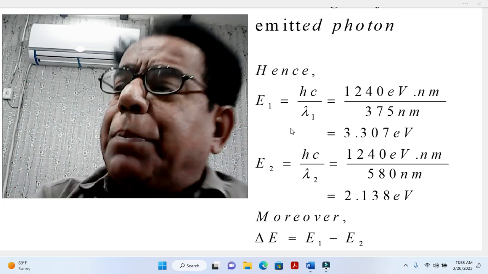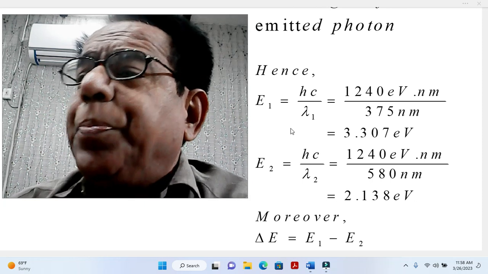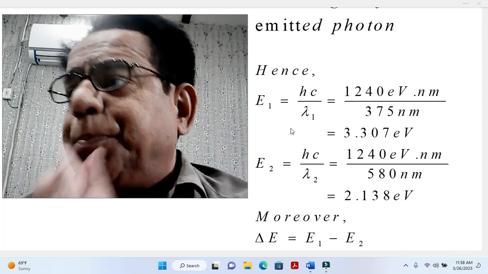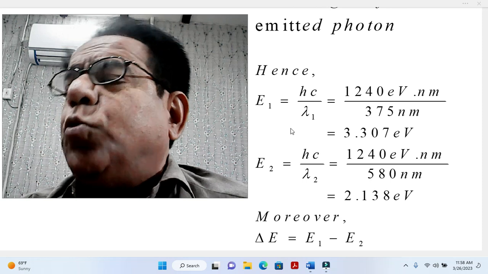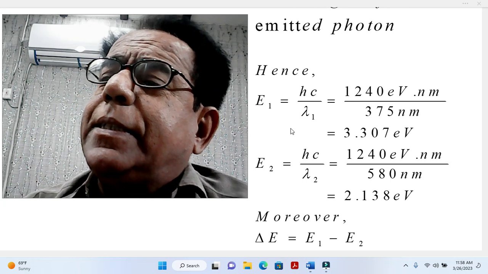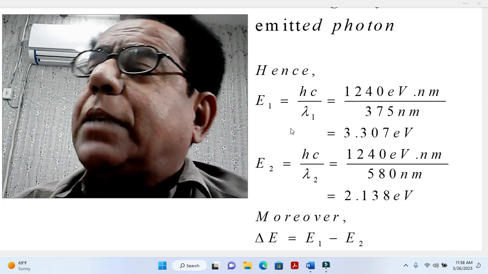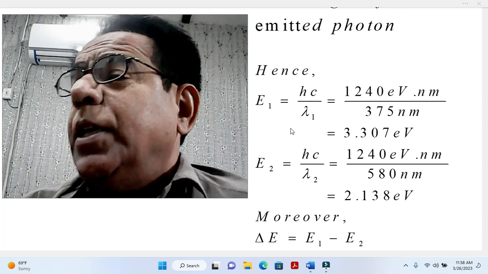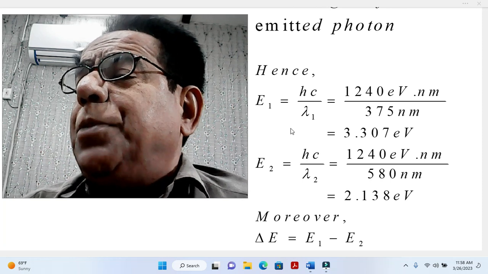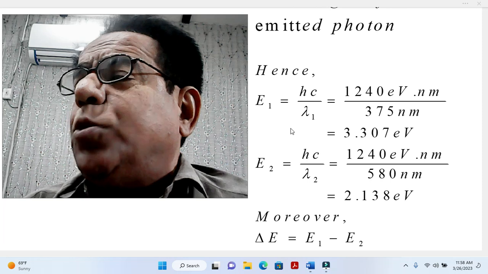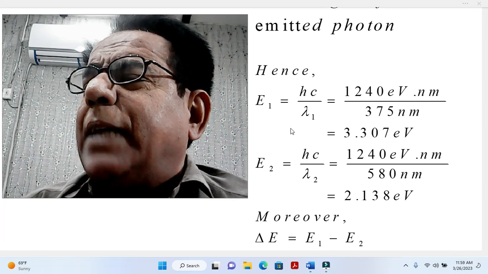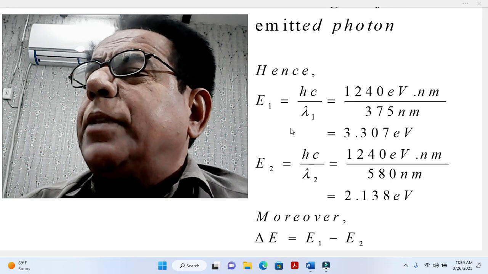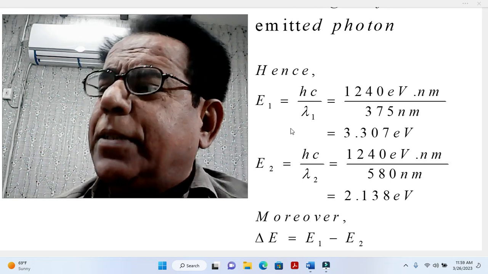Over lambda 1 is given 375, and after simplifying, nanometer will be cancelled out with nanometer and we will be left only with electron volt, and this is 3.307 electron volt. Hence energy E1 has become equal to 3.307 electron volt, or simply we can also write it as 3.31. It is just our discretion.